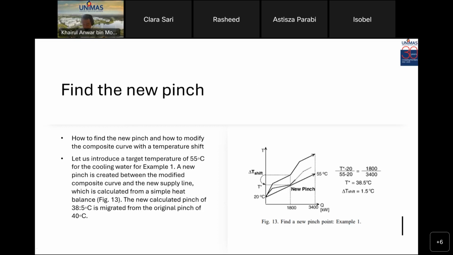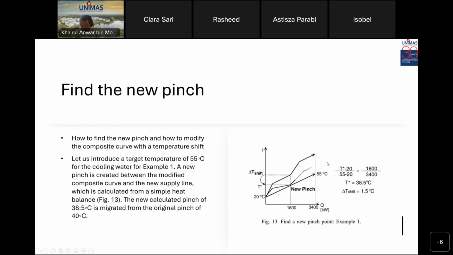So you introduce a new target temperature of 55 degrees C for the cooling water. A new pinch is created between the modified composite curve and the new supply line, which is calculated from the simple heat balance figure.